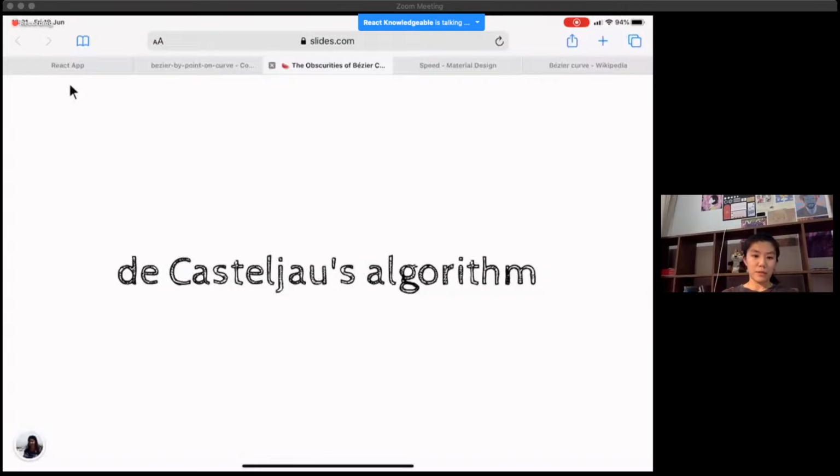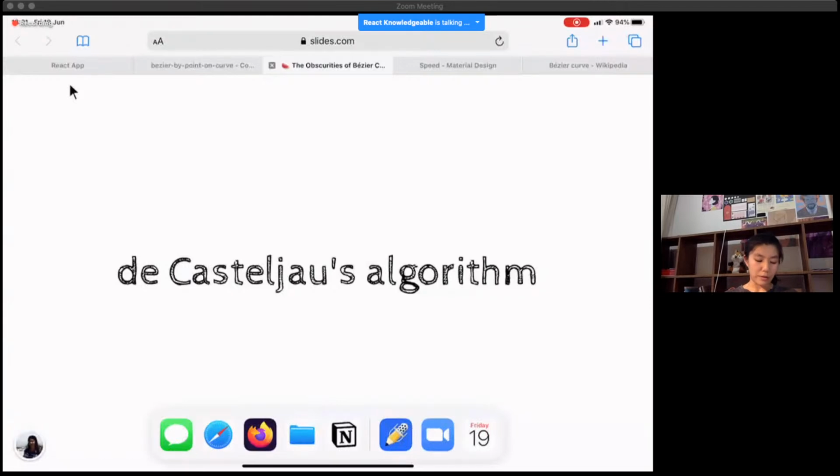So what exactly does the de Casteljau algorithm do? Let me give you another example to get more familiar with the process before we look into the pseudocode.